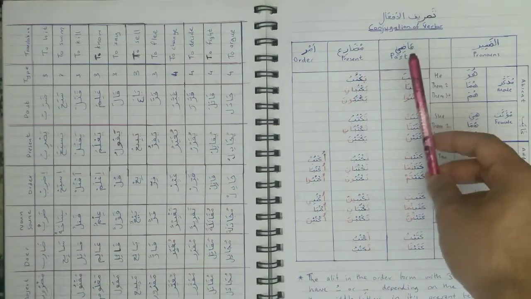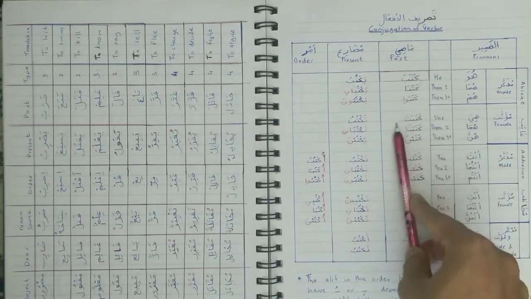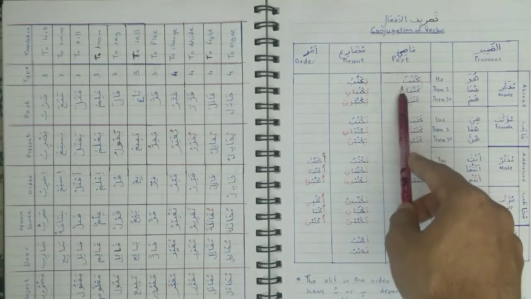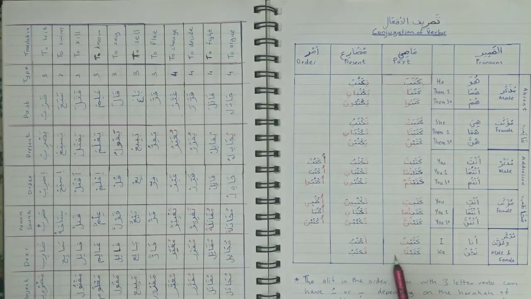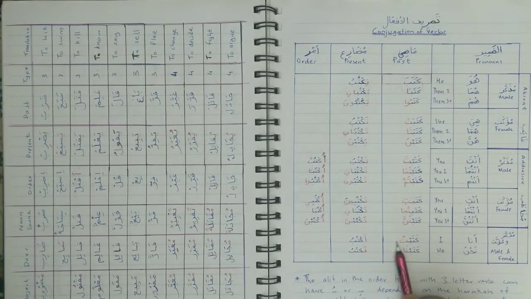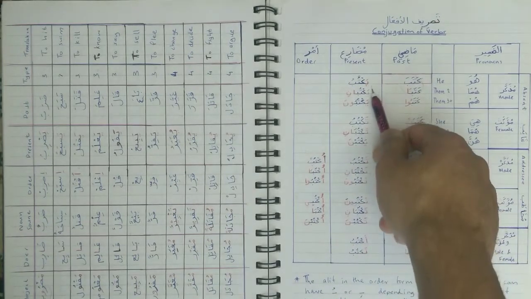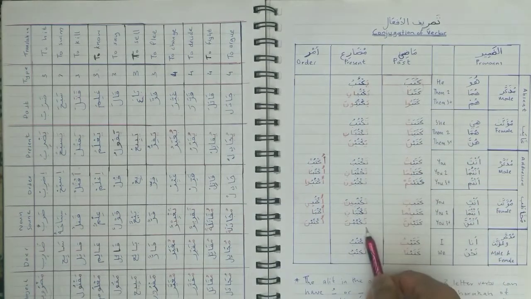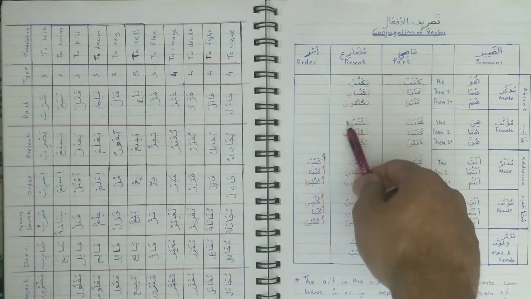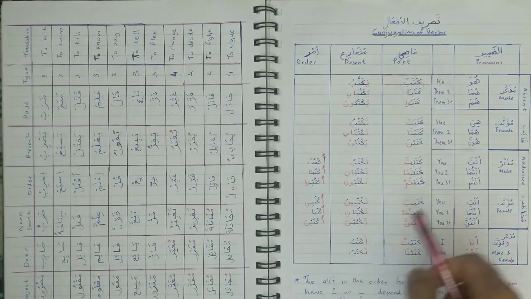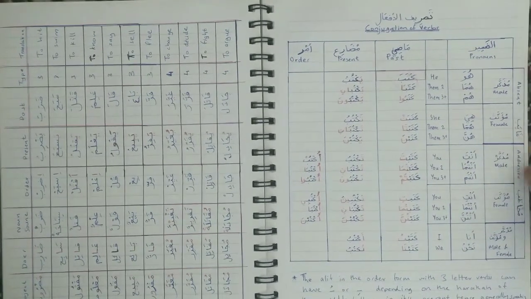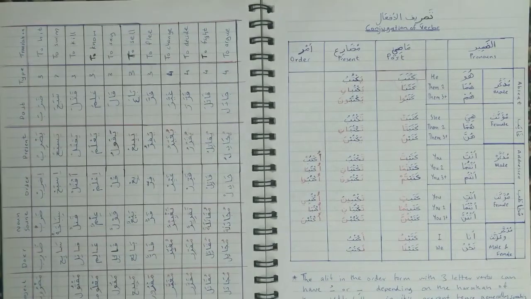So for past tense, you will notice that all these pronouns are added to the end of the verb. With present tense, there's always something at the front, and depending on the quantity, there is something at the end. So there's something very important to take note of.